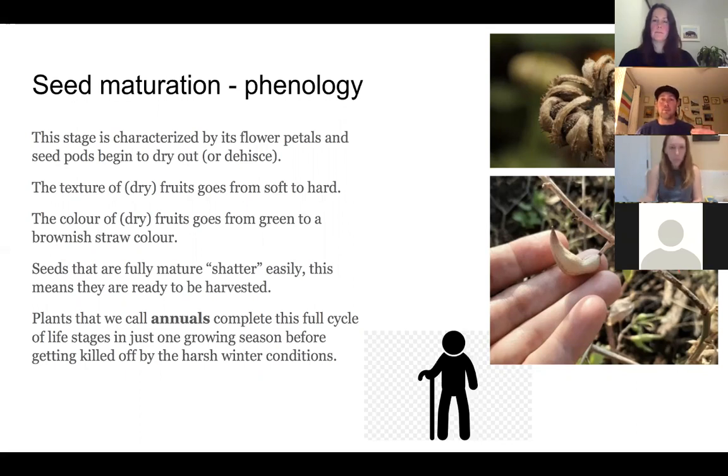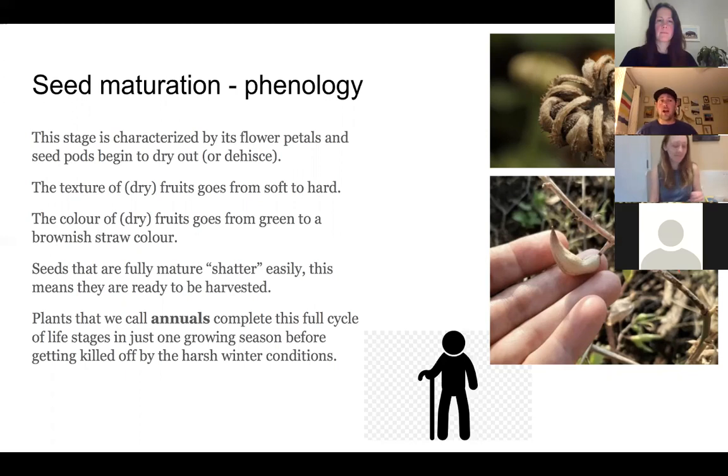If you pick them when they're still green and soft, first of all, the parent plant hasn't been able to put all the energy and resources into the seeds. If you were to pick them and start them, you might have some success, but they won't sprout with the same vigor and energy as they would if you picked them at a later stage.